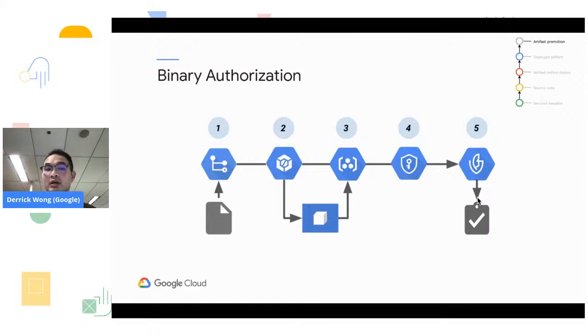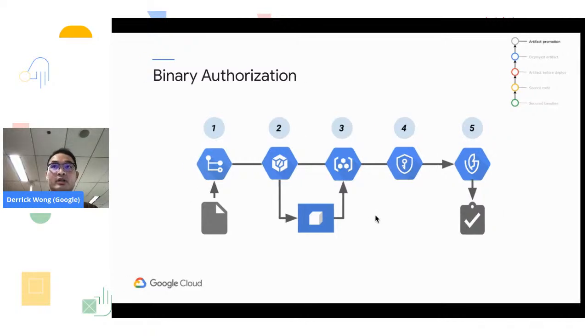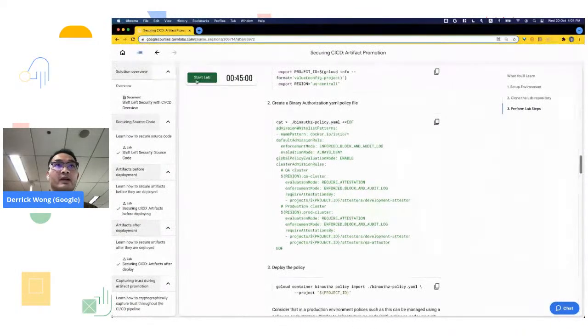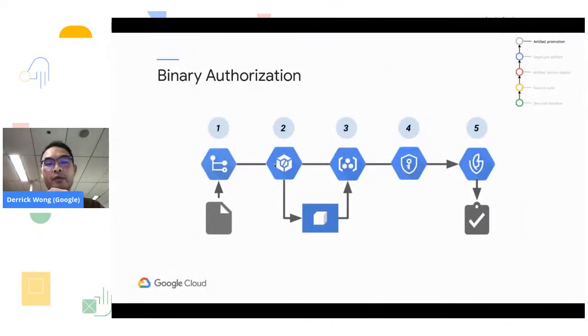When you're trying to deploy anything to Kubernetes, like a deployment or service or pod, right, this admission hook will be triggered, and then it will try to verify whether the binary you're trying to push is aligned with the policy or not.